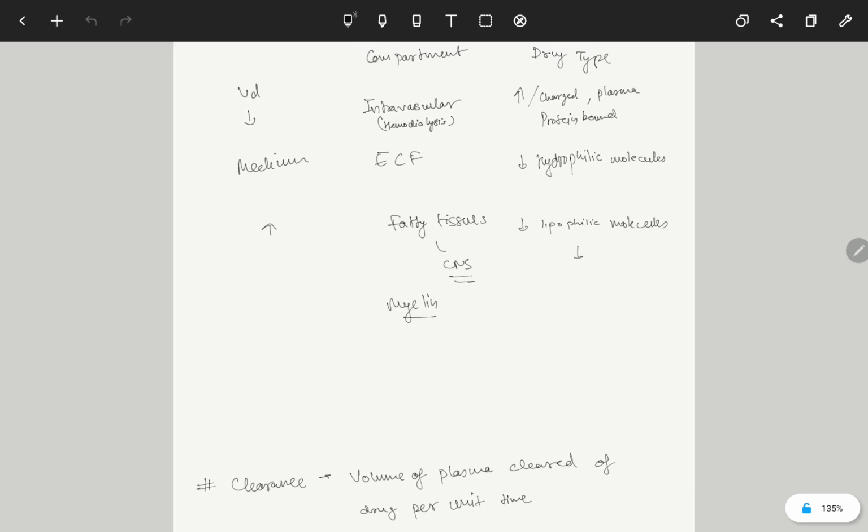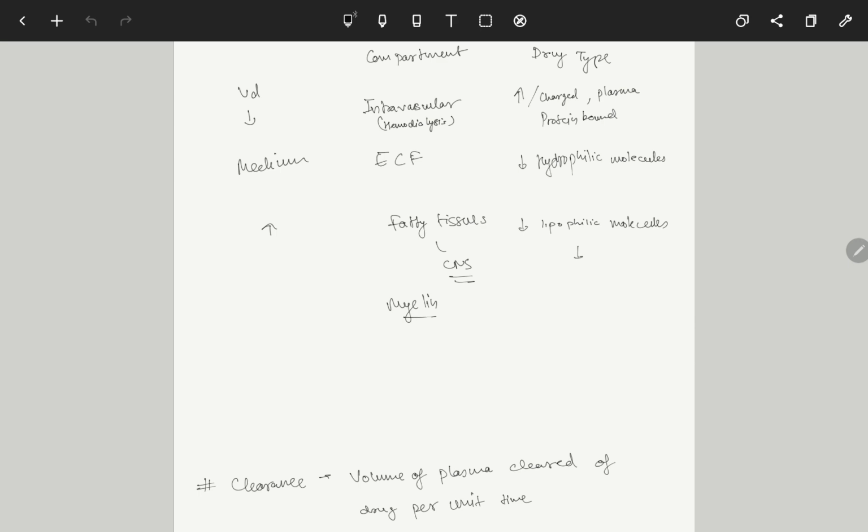Some drugs have low, some have medium, some have high volume of distribution. The drugs which have low volume of distribution are primarily in the intravascular compartment.